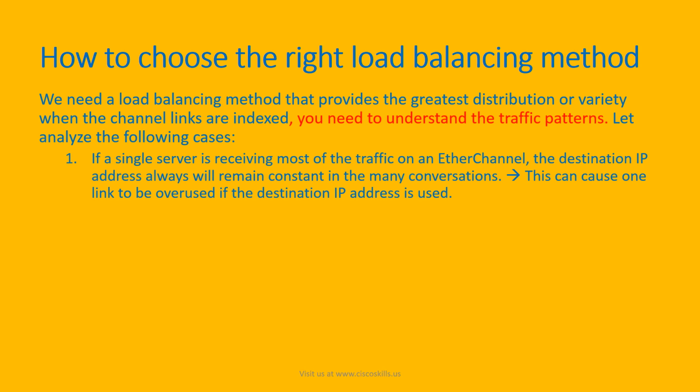And if we use a load balancing method using the destination IP address, only one link will be used and the remaining links will be left unused. So one link will be overused and all the other links will be idle.